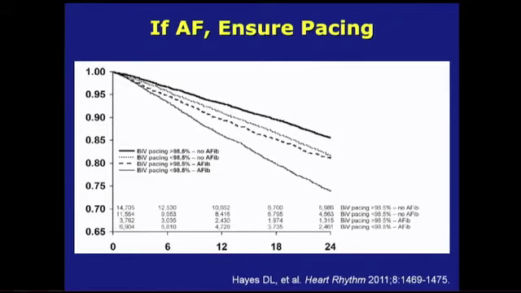So if you are going to implant in somebody with AF, you have to block their AV node very vigorously, whether it be with a beta blocker, calcium channel blocker, if they can tolerate it, or doing an AV junction ablation. And there's a very rich literature, especially from Europe, doing that.